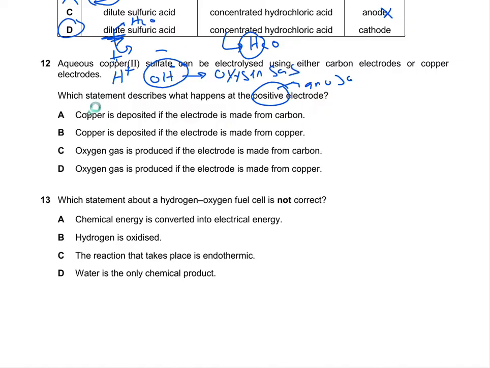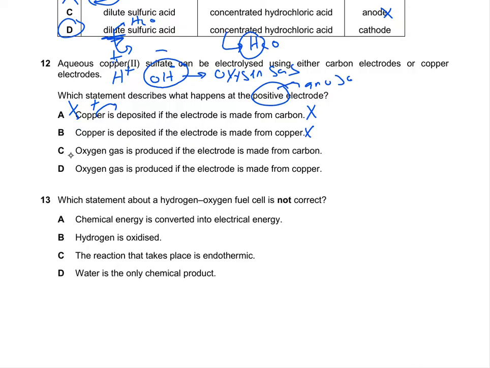A. Copper is deposited if the electrodes are made from carbon? No, that's wrong, because copper is positive, so it's produced at the negative electrode, not the positive electrode. Copper is deposited if the electrodes are made from copper? No, that's wrong, because copper is produced at the cathode, not the anode. And he is asking what happens at the positive electrode.